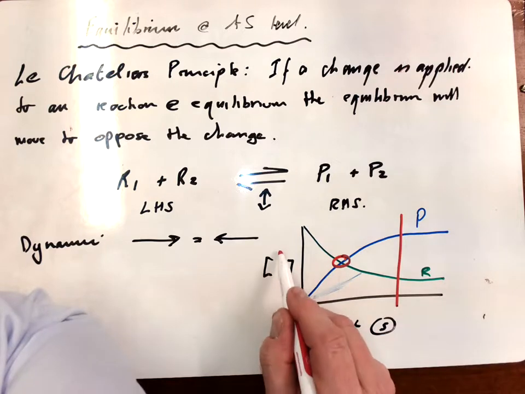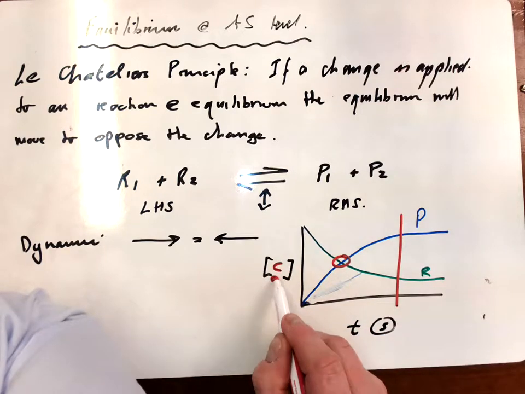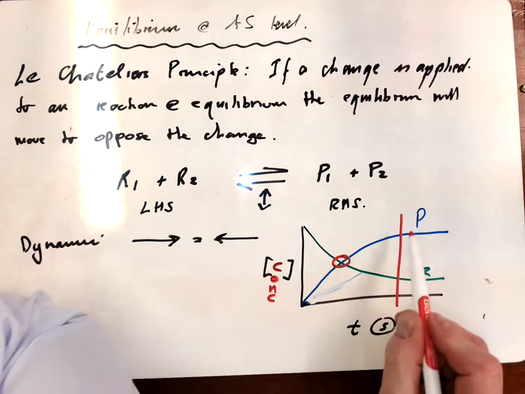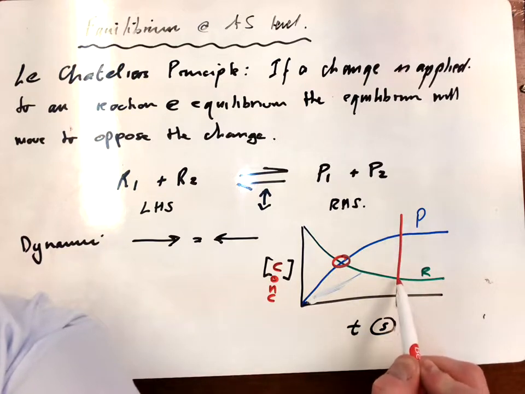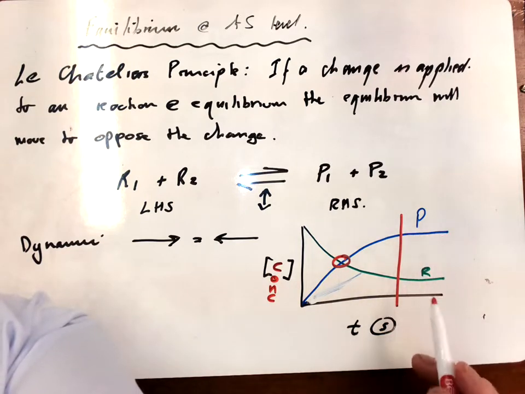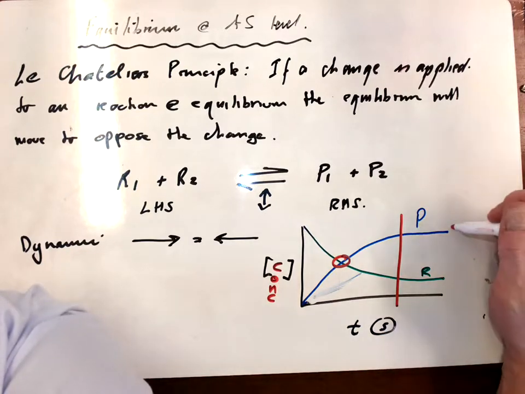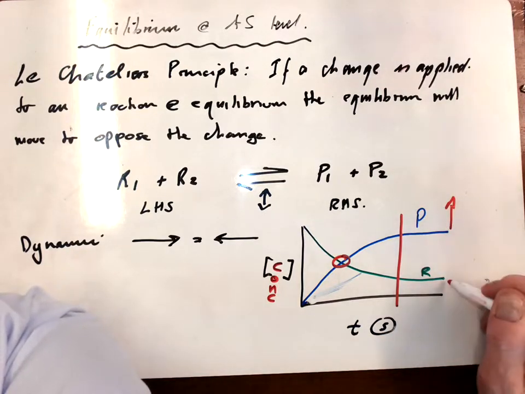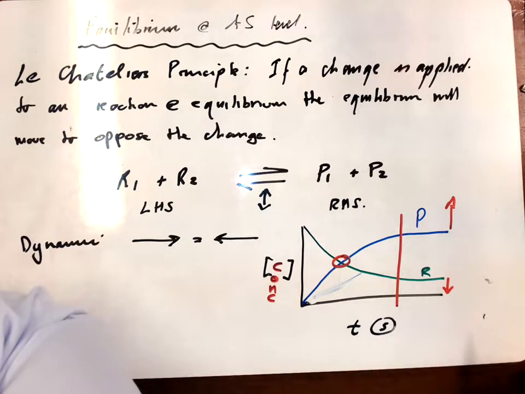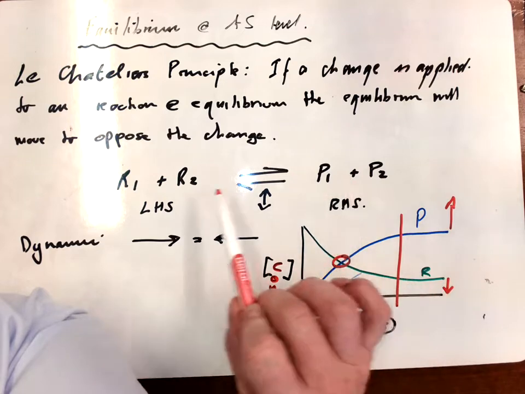The concentration of products is constant, as is that of reactants. Now if you're a chemist running this process, what you want to do is move the blue line up and move the green line down, which means you will have more product and less reactant.